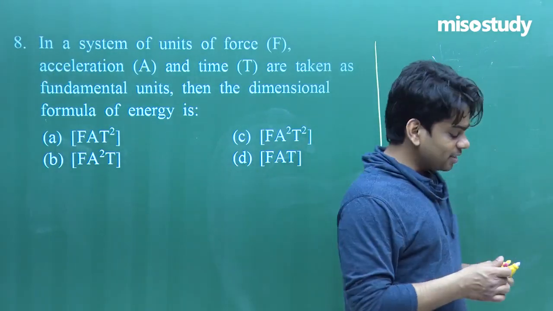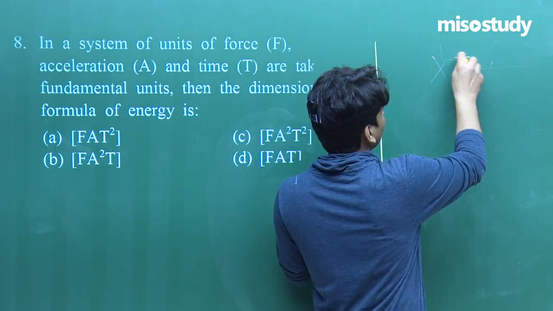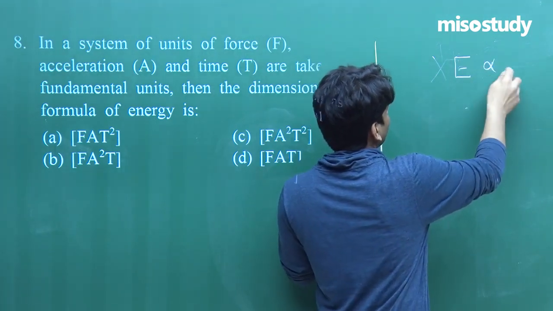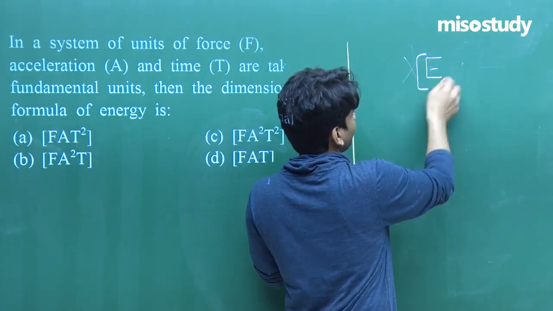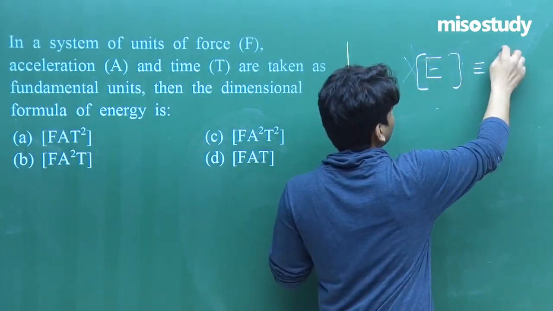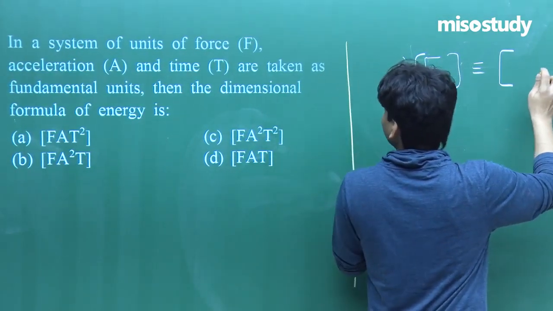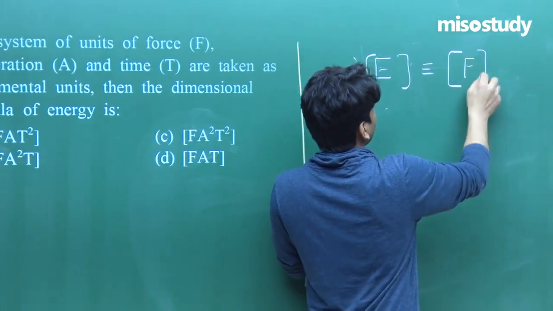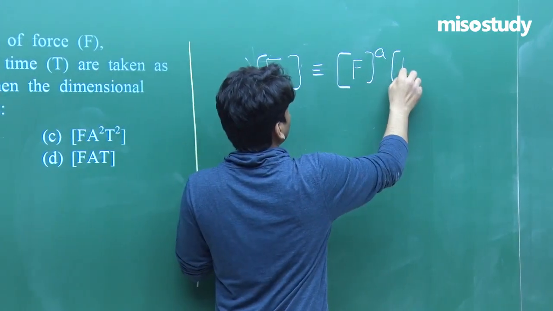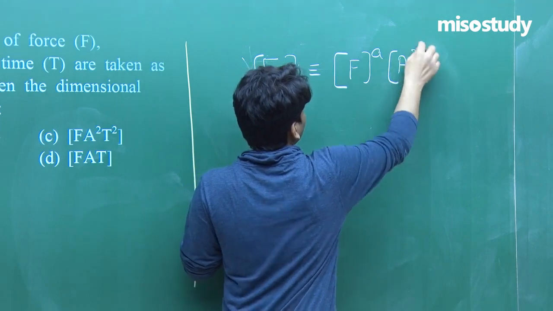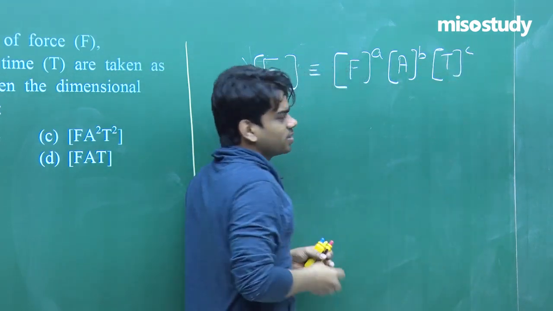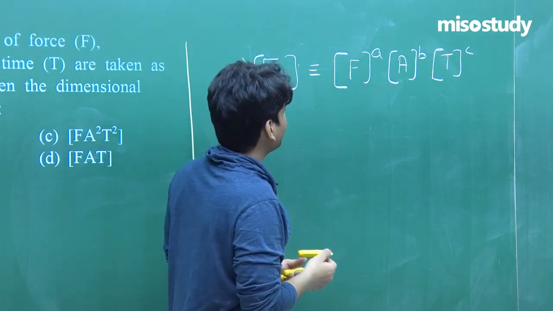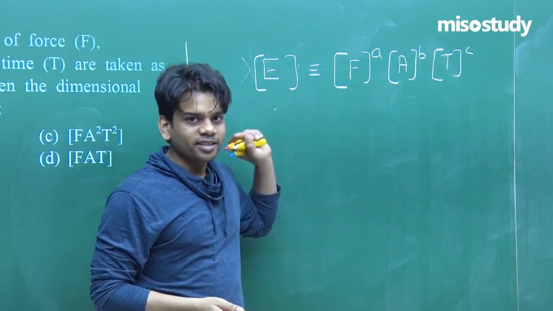Let's say the energy is dependent on these three fundamental quantities, so I'm writing the dimensional relation. Energy dimensions will be here, and this is dimensionally related to force F to the power a, acceleration A to the power b, and time t to the power c. Let's proceed. Now what you do, first you write this relation in this way.